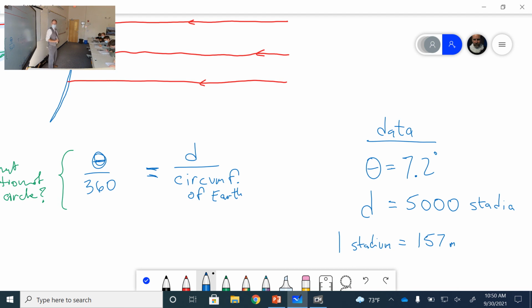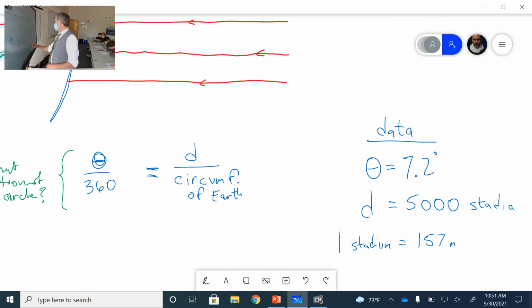You can work solo or you can work with somebody near you. I'd like you to see if you can figure out, according to Eratosthenes, how big was the Earth in stadia. So this would be question number 1.